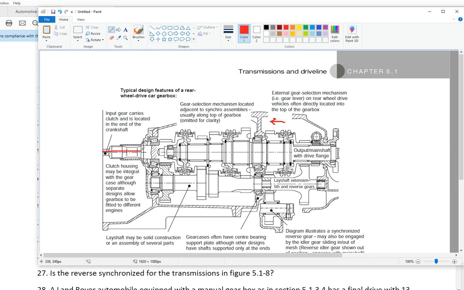And in reverse, power goes this way to this gear via the idler, which is in a different plane. It's brought here just to show that it exists. This is an idle gear that serves to reverse motion, and then this way and to the rear axle. Okay, so this transmission has the reverse synchronized.